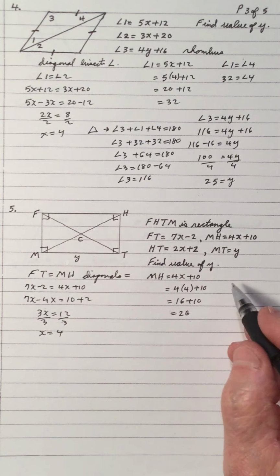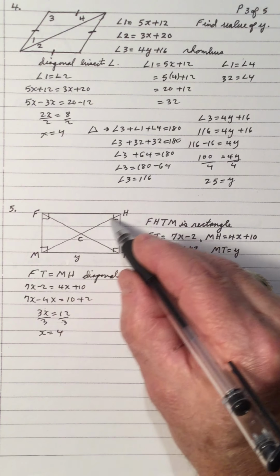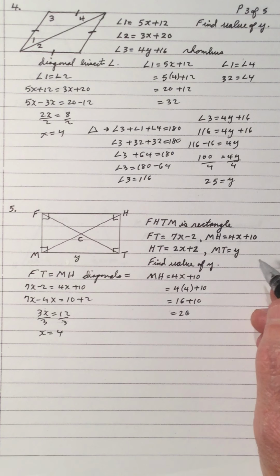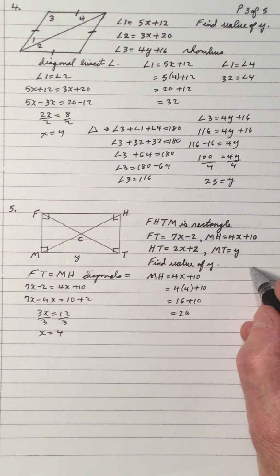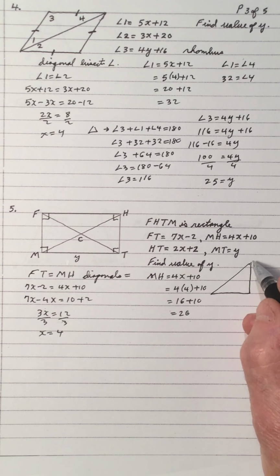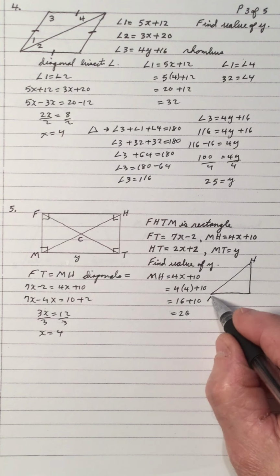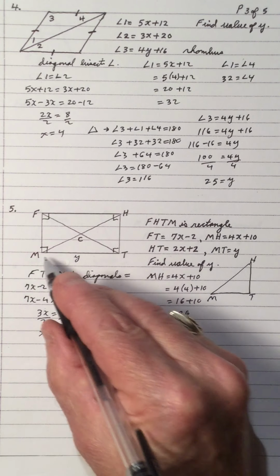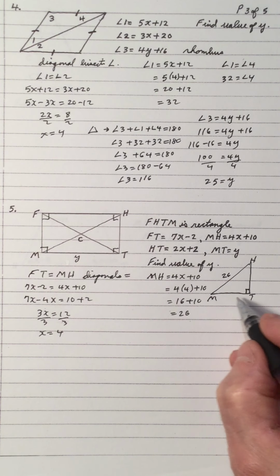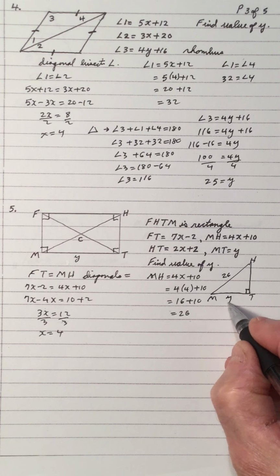So we know that the length of this MH is 26. So what we're looking at right now, I'm going to look at this triangle, HMT. So I have MH is 26, and there's the right angle, and I want MT, which is the y.